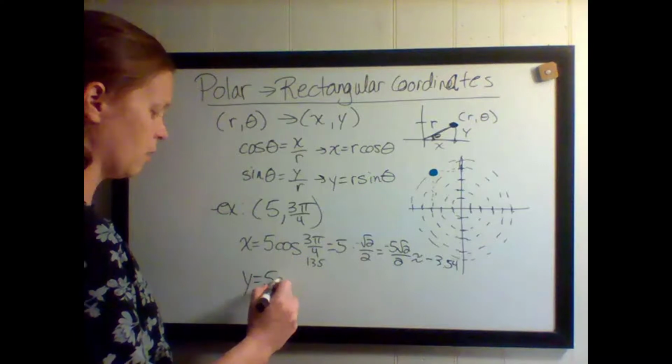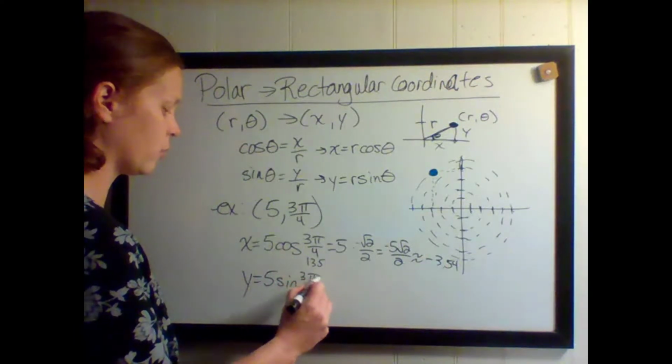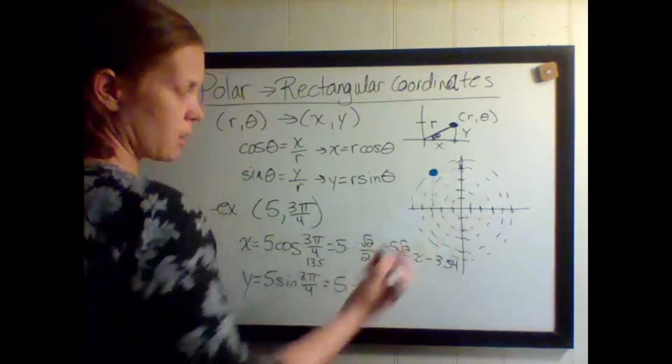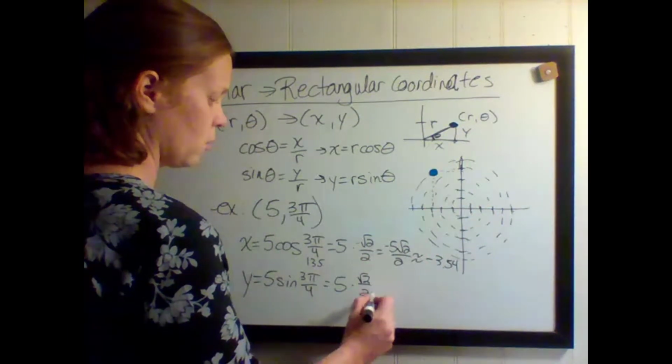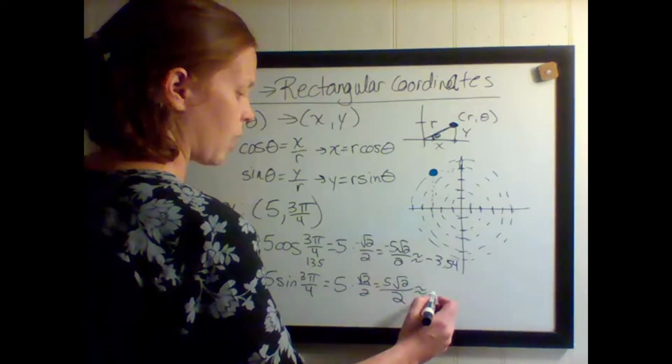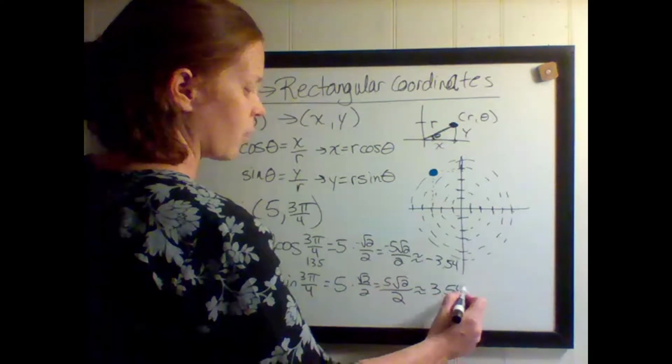How about y? 5 sine 3 pi over 4 would be 5 times, for sine, a positive root 2 over 2. So 5 root 2 over 2, which is approximately a positive 3.54.